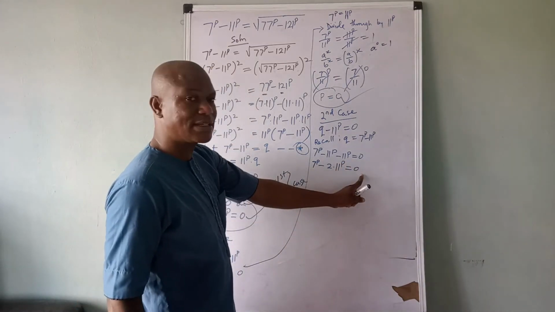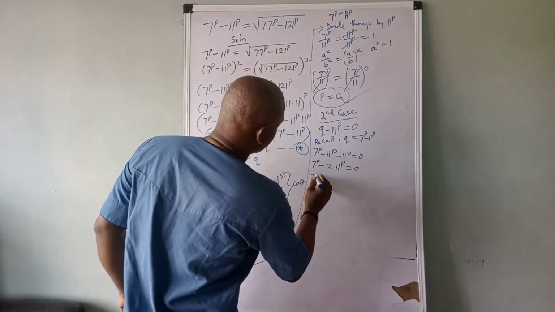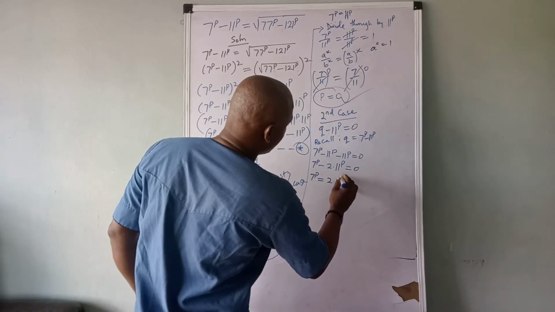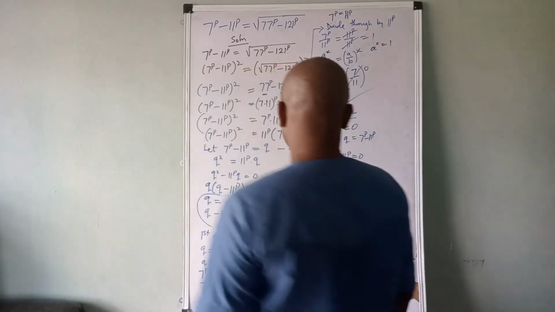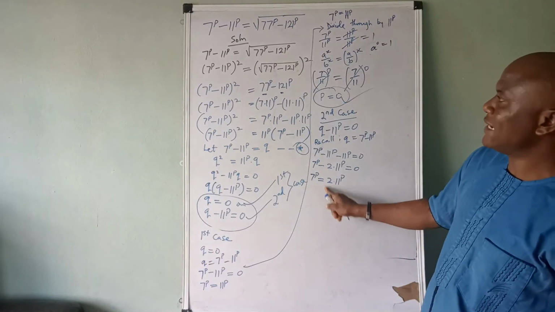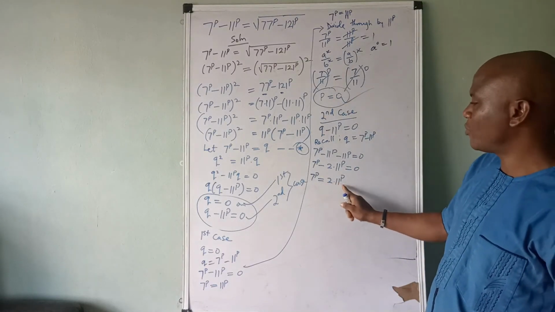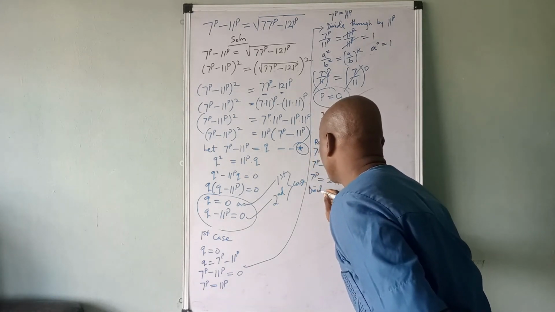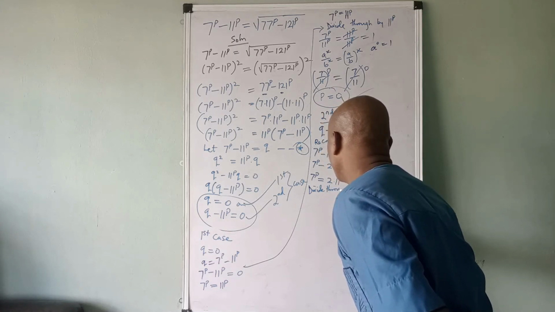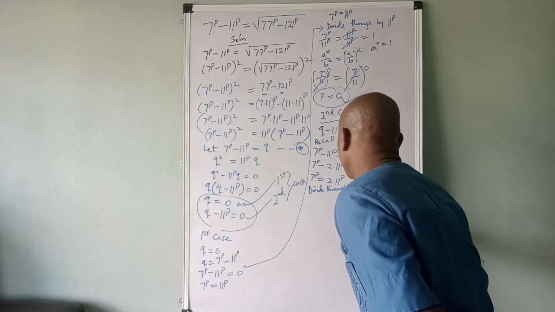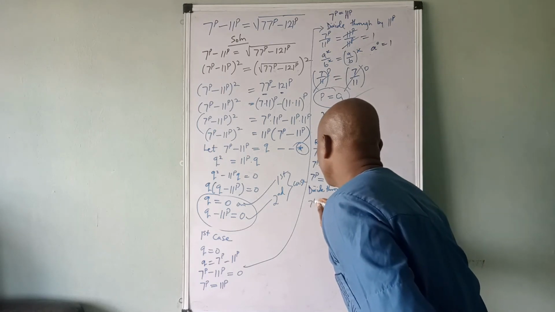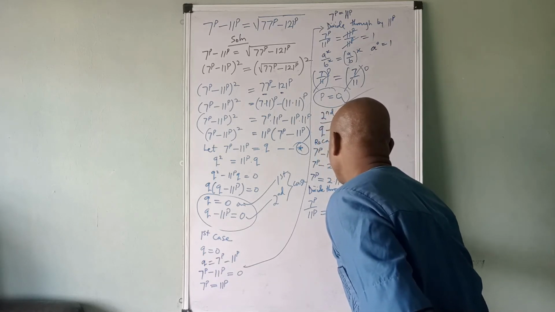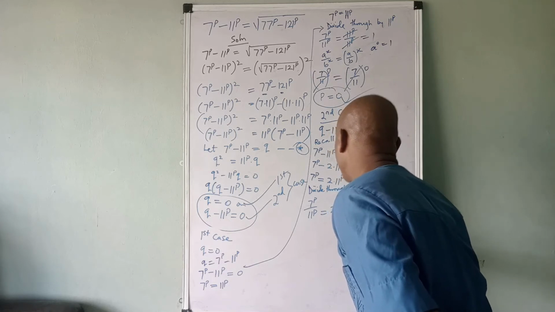So if this one crosses over to this side of the equation, it becomes 7 raised to the power p is equal to 2 into 11 raised to the power p. We can repeat what we did earlier by dividing through by 11 raised to the power p. So if you divide through by 11 raised to the power p, you will have 7 raised to the power p over 11 raised to the power p is equal to 2 into 11 raised to the power p over 11 raised to the power p.